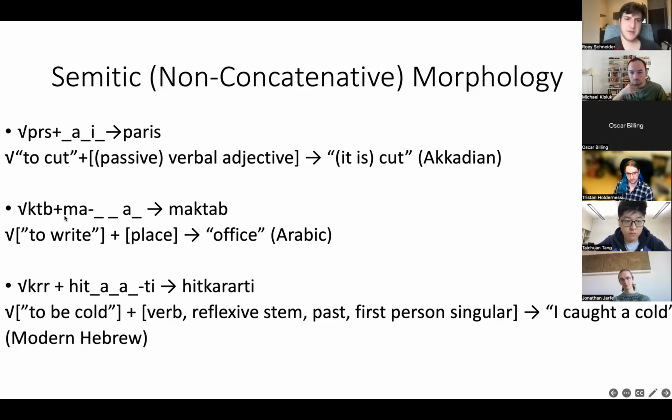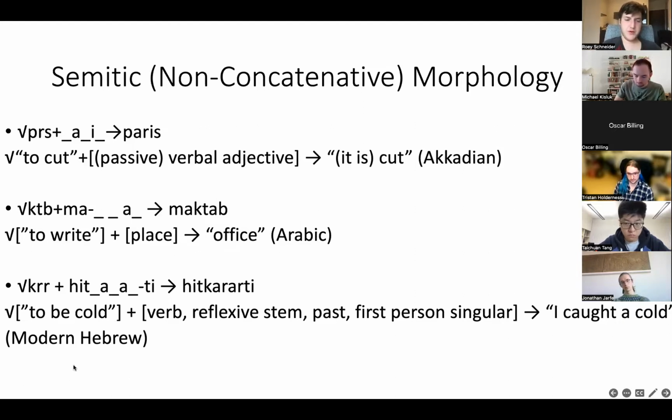In Arabic, for example, if we take the root kataba and we add the pattern maf'al, we get the noun maktab. So the root means to write, and the pattern means a place usually, or sometimes. So it's a place you write. It's an office. Okay. I hope everything is clear.